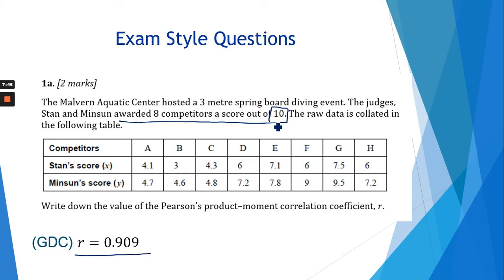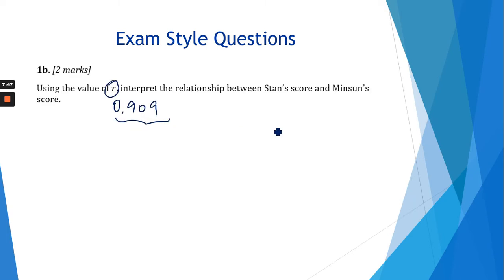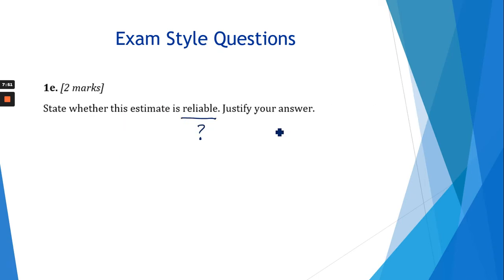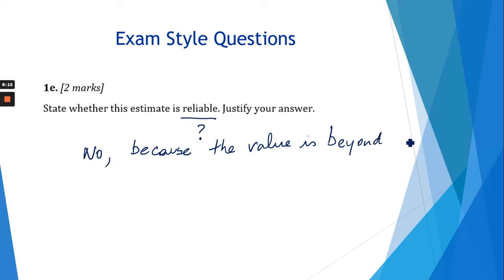So it's impossible that a judge will give more than 10. So is it reliable? No, it's not reliable. Why? Because the value is beyond the maximum.